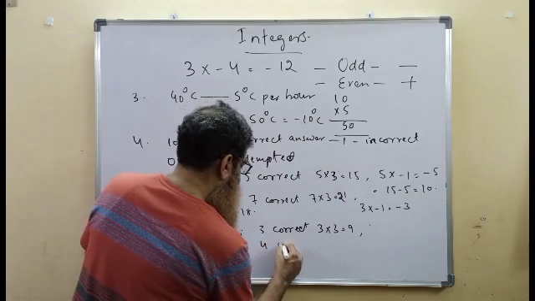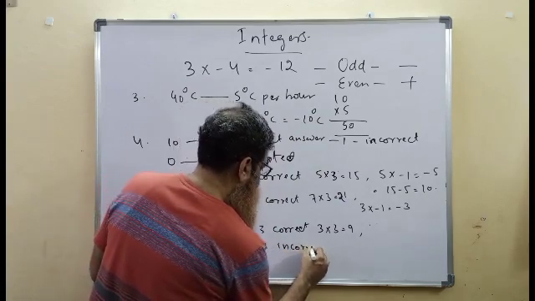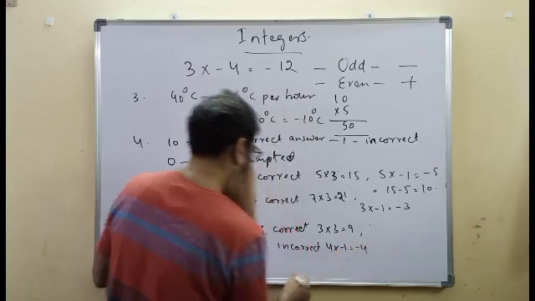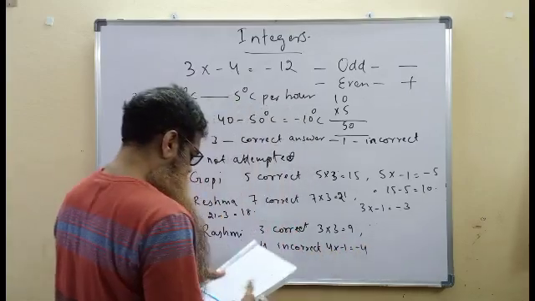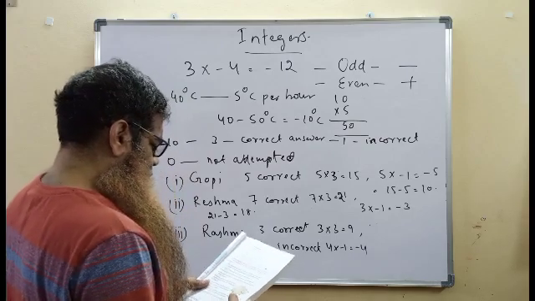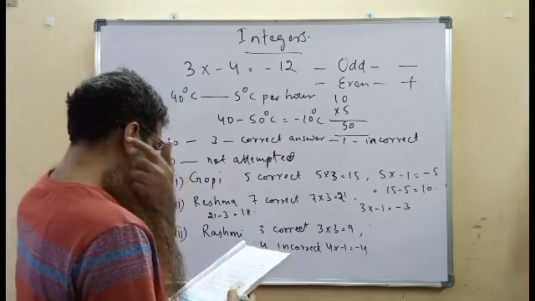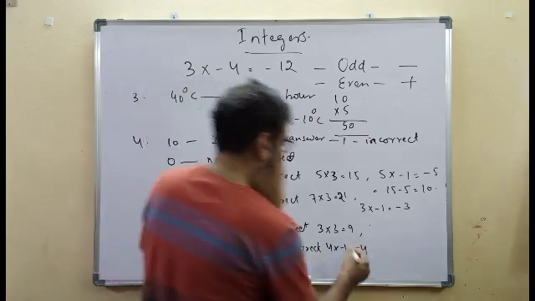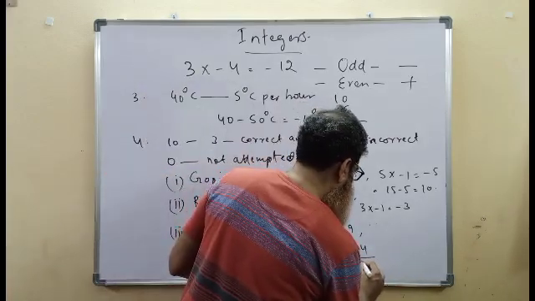That is 4 into minus 1, which is minus 4. 4 incorrect answers out of the 7 questions she attempted. What is her score? So her score is 9 minus 4, 5.